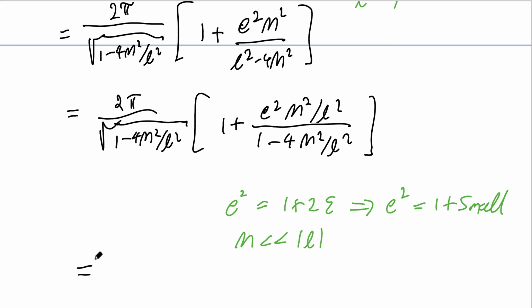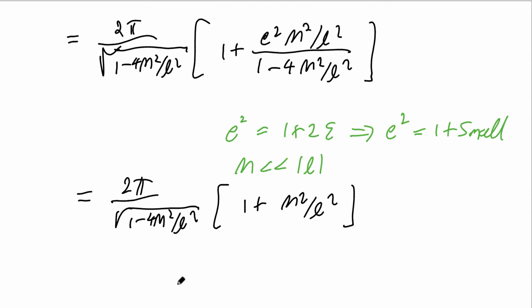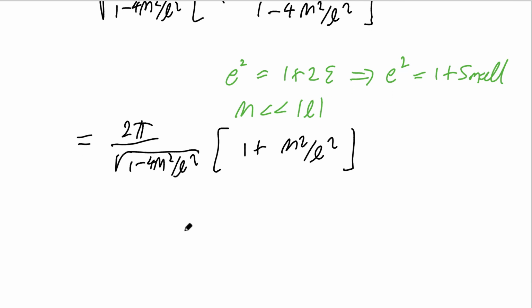So what we're left with then is 2 pi over the square root of 1 minus 4m squared over L squared times 1 plus m squared over L squared. And now let's expand this term in the denominator, again because m over L is small.